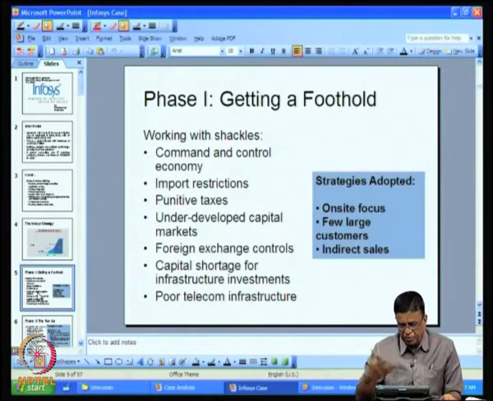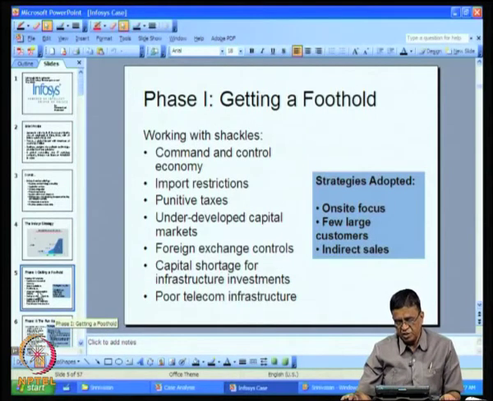So, getting a foothold, what is the type of strategies that was adopted by the company? It was really working with shackles, command and control economy, import restrictions, punitive taxes, underdeveloped capital markets, foreign exchange controls, then capital shortage for infrastructure investments, then the poor telecom infrastructure.